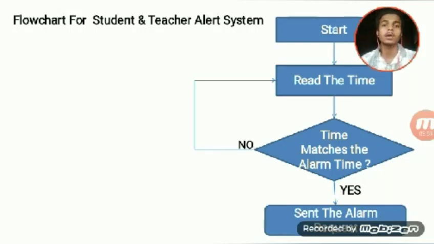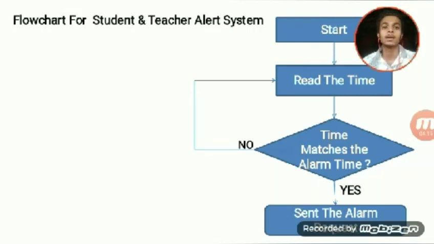If a teacher does not press the push button switch, then an alert is sent to his Android application on his mobile phone. By the feedback of the teacher, the alert is sent to the class module.